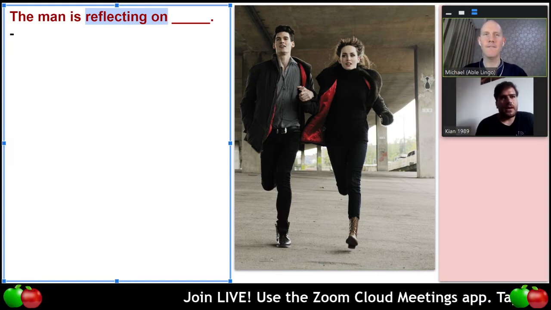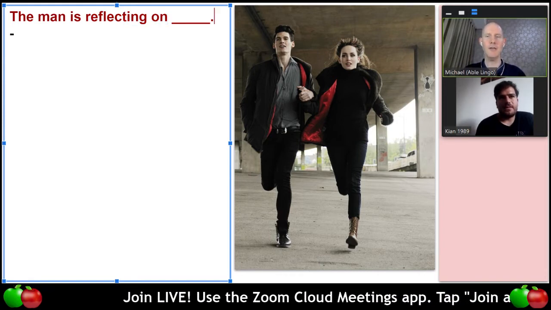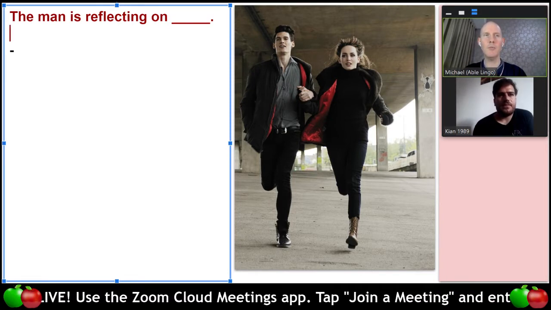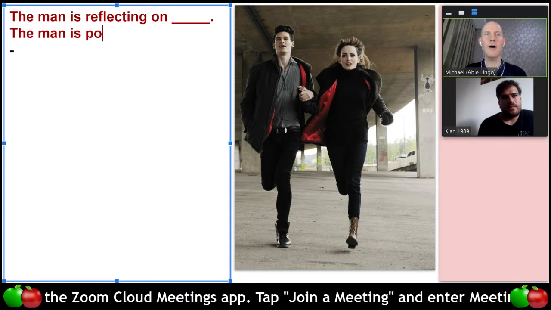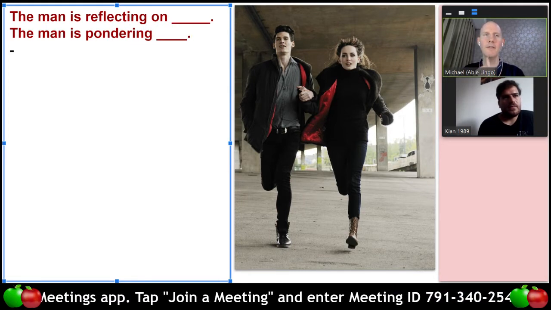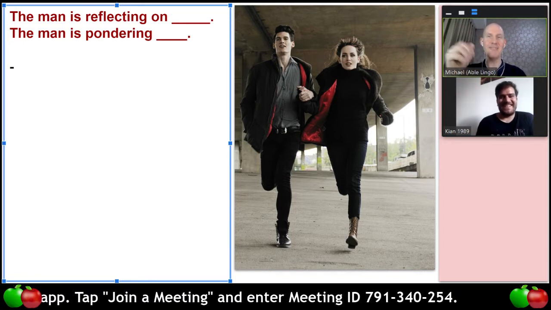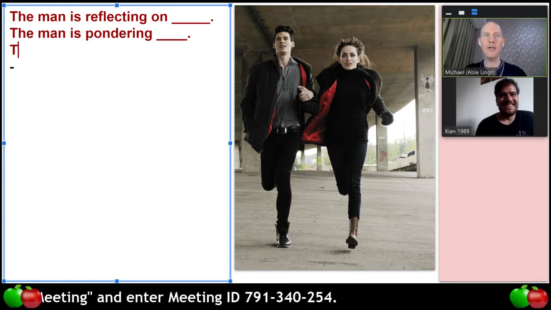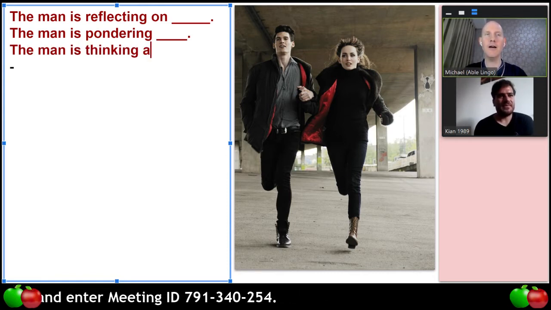I don't know. I have no idea. Okay. Well, reflecting on in this situation, it means the man is pondering. You know pondering? No worries. It's an opportunity to increase our vocabulary. We could also say the man is thinking about.